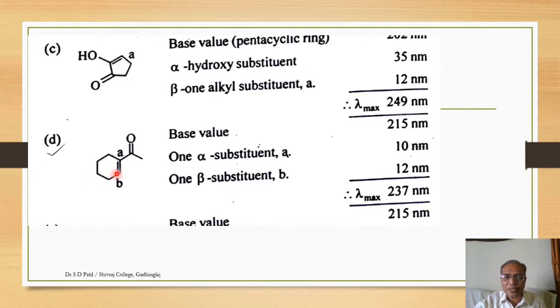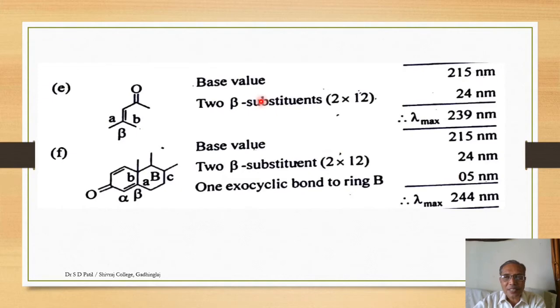Of course this is a ring residue at beta position represented by B. So A and B, these are two substituents. One substituent A is at alpha position, so the increment is 10 nanometers. One substituent B at beta position, the increment is 12 nanometers. So the total comes to be 237 nanometers.